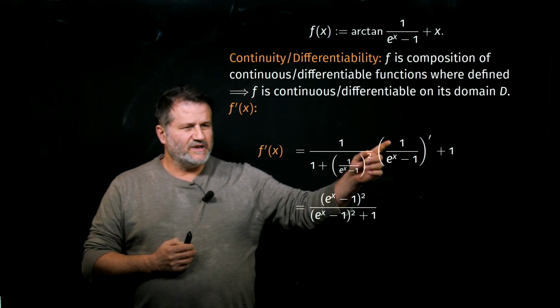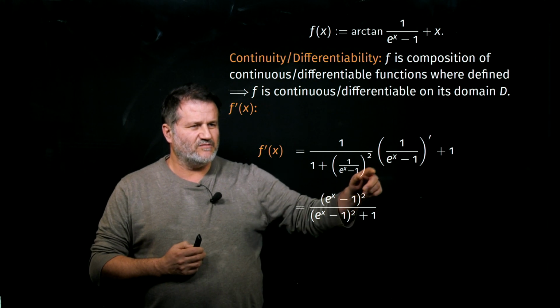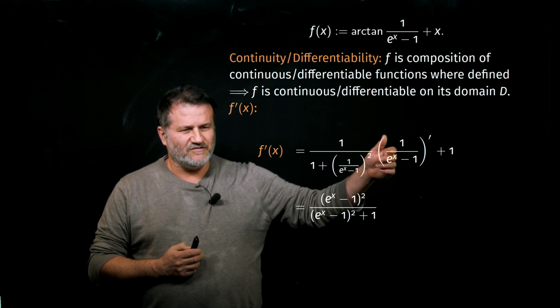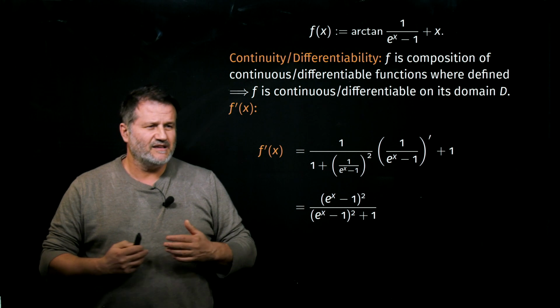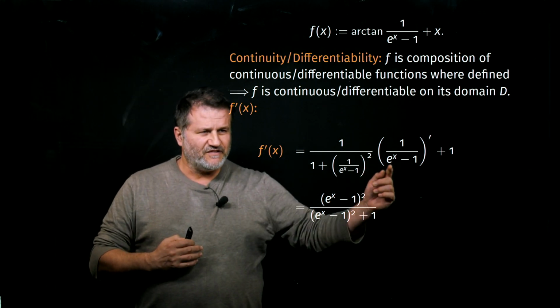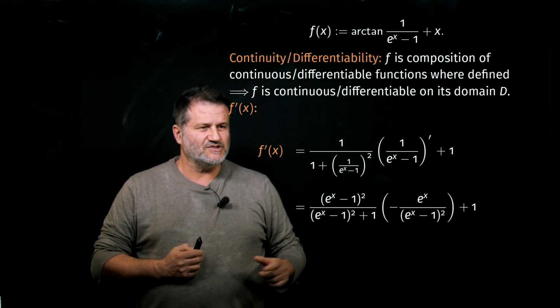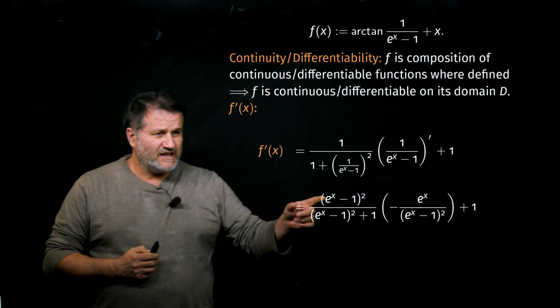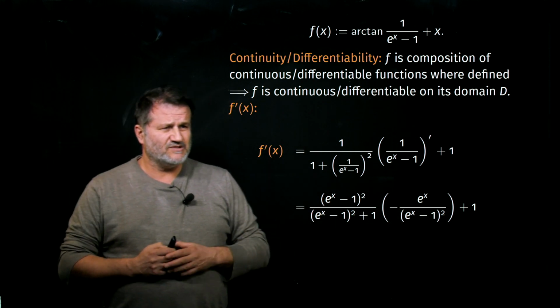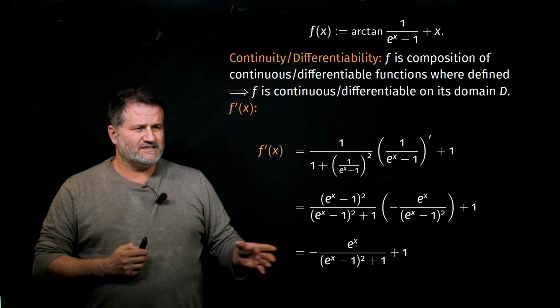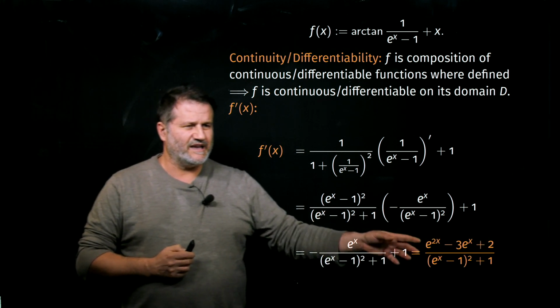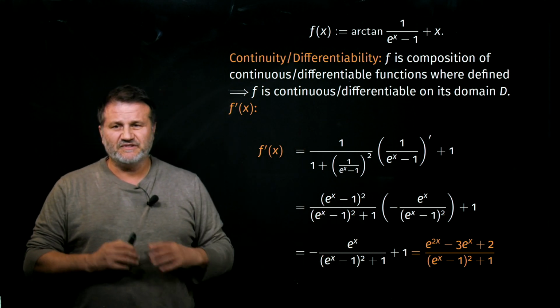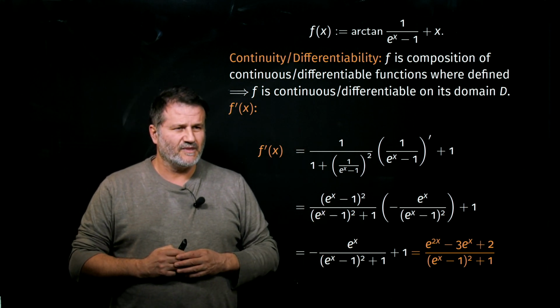Now, when we compute this derivative, we can use the formula for the derivative of the reciprocal, which is minus the derivative of the function divided by the square of the function. So we get this. Now, by doing a common denominator, first we simplify this. As you can see, we get this, and therefore summing, we get this expression. This is the derivative of the function.